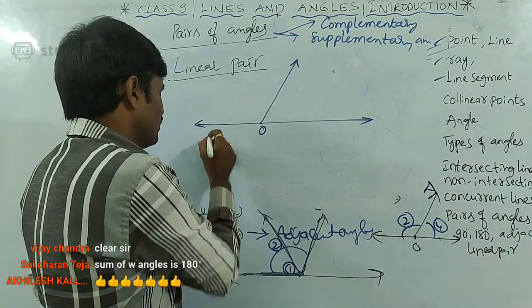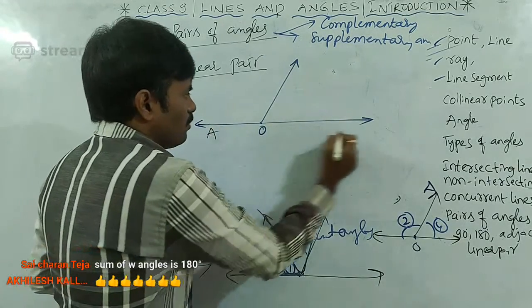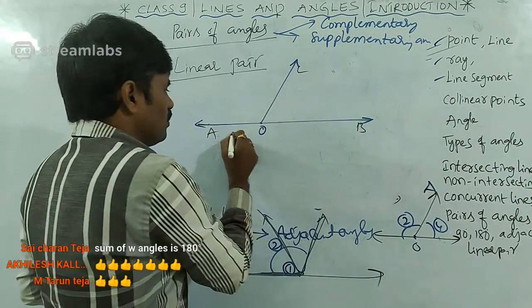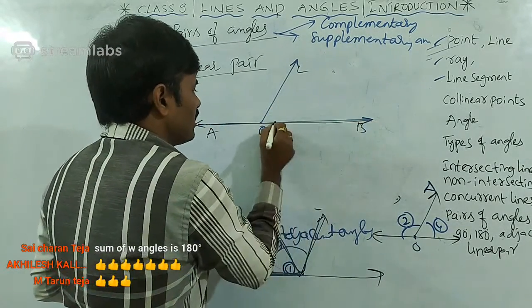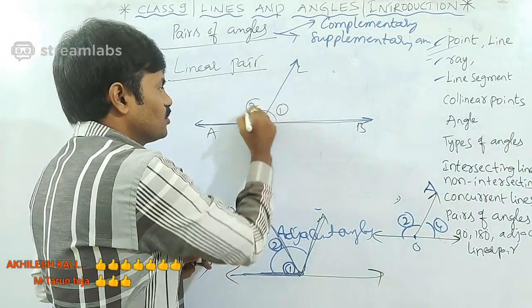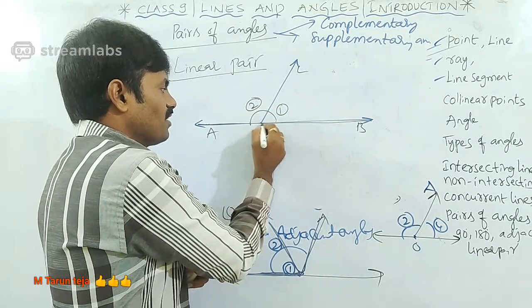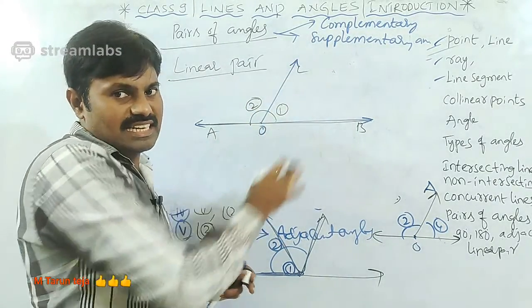Let us name the points A, O, B. Now what is angle AOB? Clearly it is 180 degrees. Now I have taken angle 1 and angle 2. These two angles have a common vertex and a common side, so these are adjacent angles.